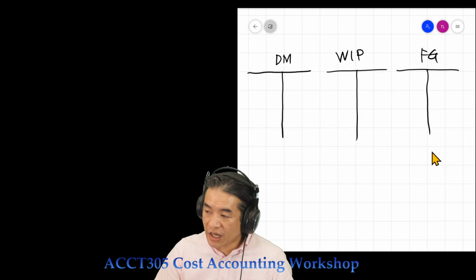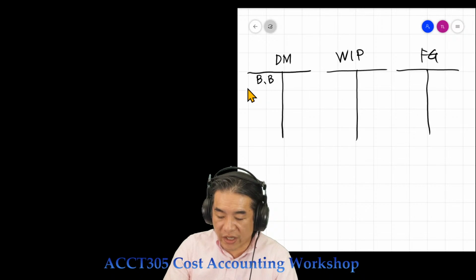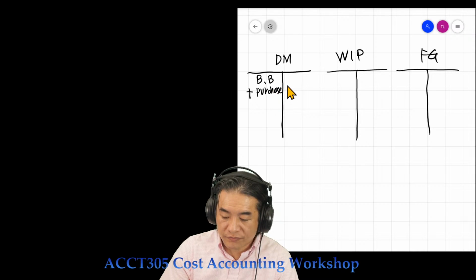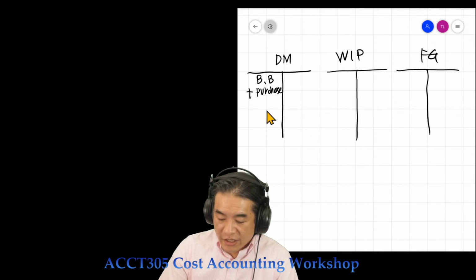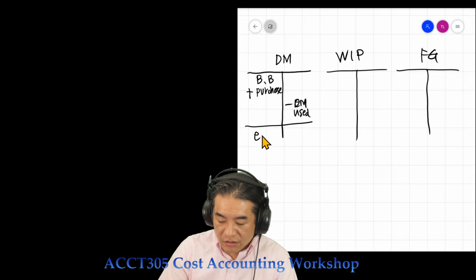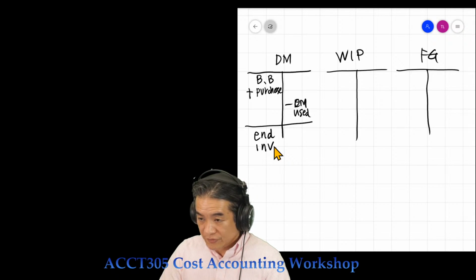Right? And how do we account for the direct material expensed? Here is the beginning balance, BB or BI, either way, plus purchases. And then minus the COGS, the direct material used. That will give you the ending inventory. So that's good.